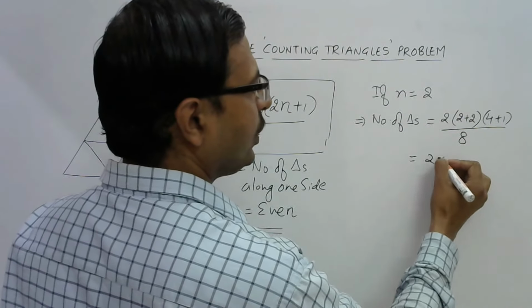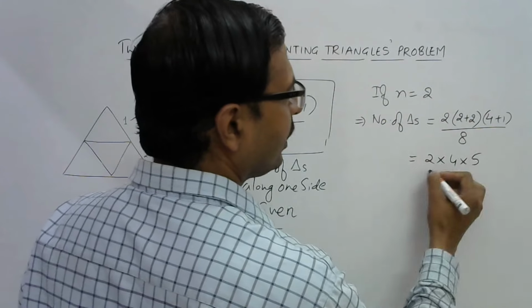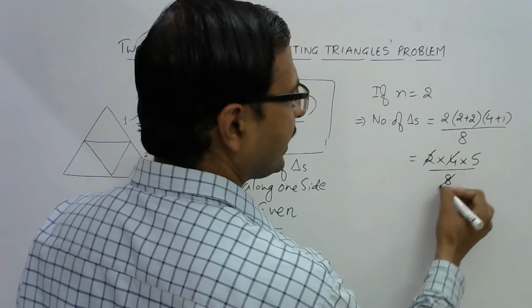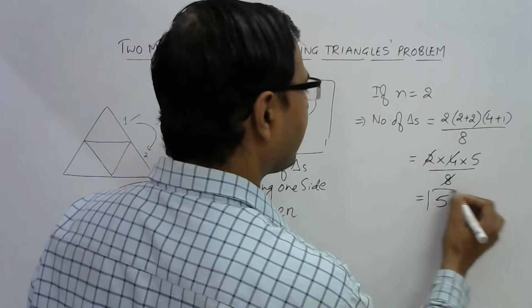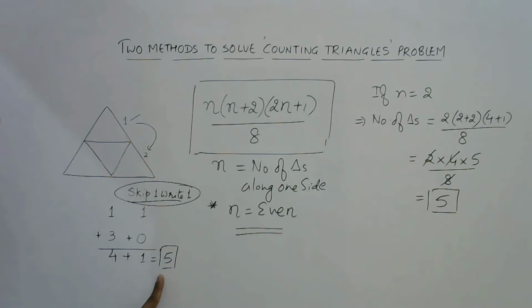So you have 2 into 4 into 5 upon 8. So 2 into 4, 8 gets cancelled and you get the required number of triangles, that is 5, which is the same as obtained in this figure.